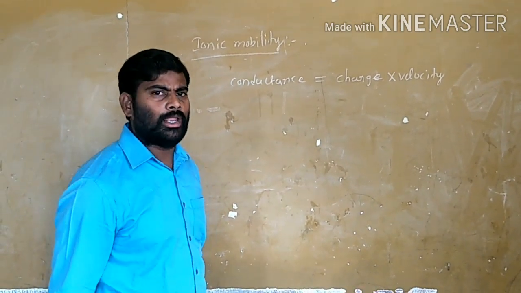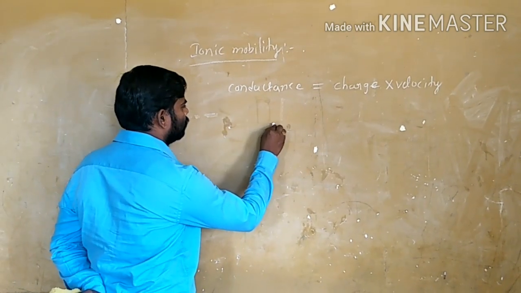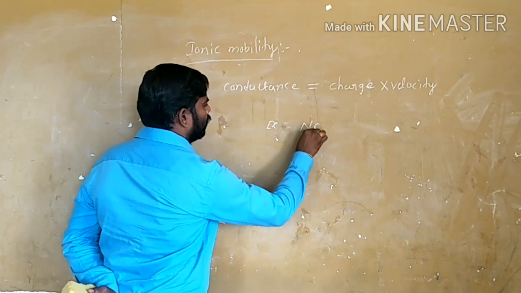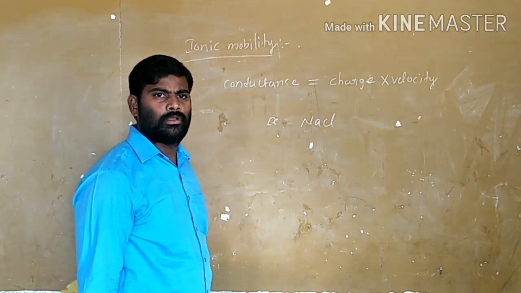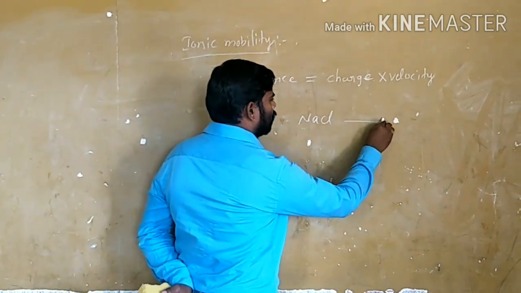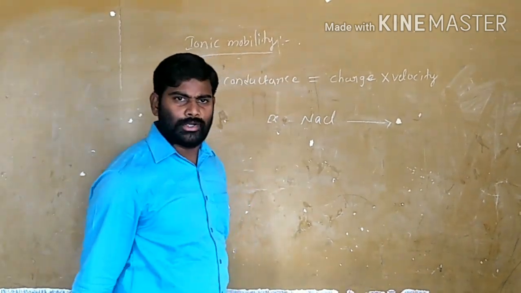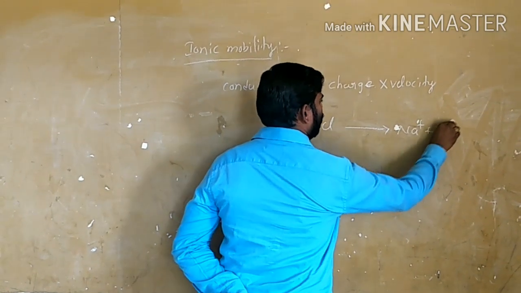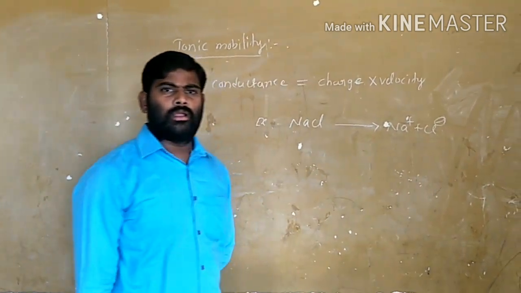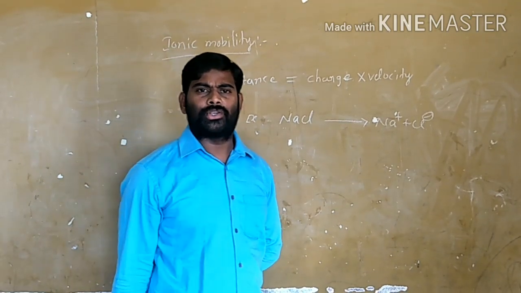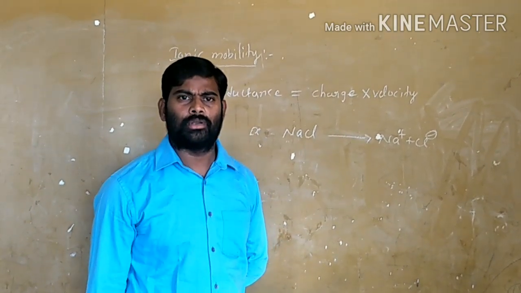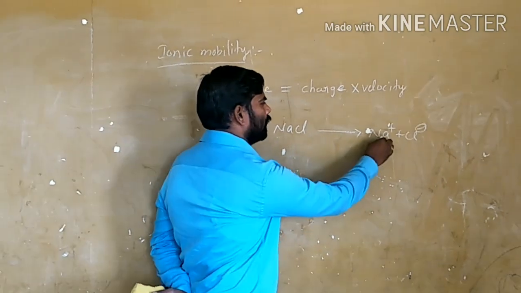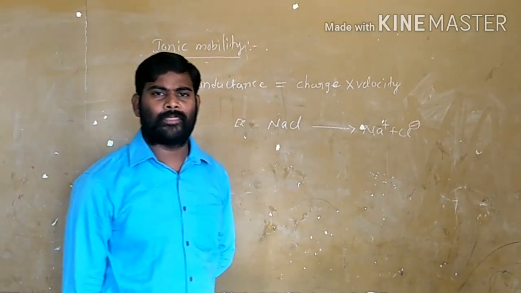If we are taking an electrolyte, for example sodium chloride, by the dissociation or ionization of this electrolyte, it is initially partially ionized, producing Na plus and Cl minus ions.